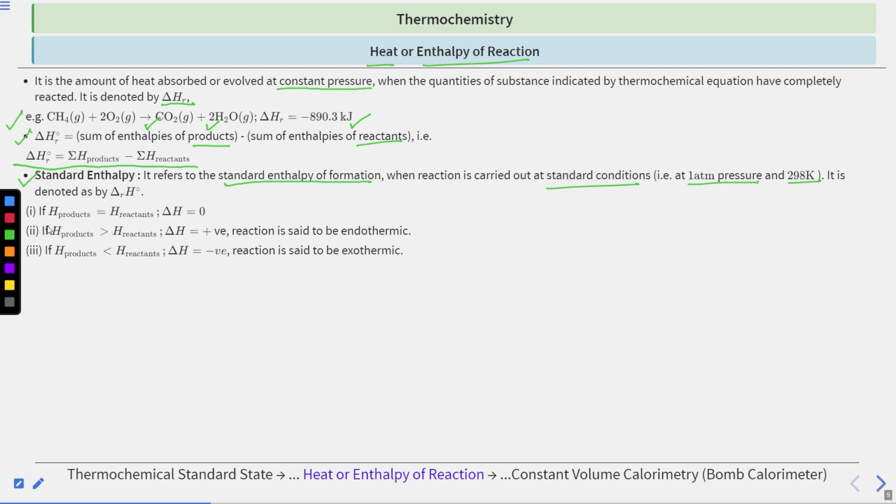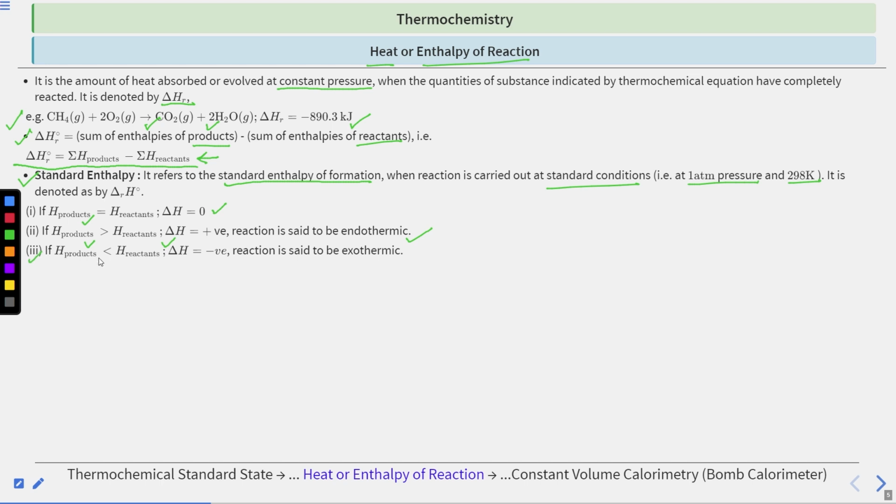Okay, so if the enthalpy of products is equal to the enthalpy of reactants, then the change in enthalpy is 0 because both the enthalpies are equal, so no change will happen. Second condition is that if the enthalpy of products is greater than the enthalpy of reactants, then delta H will become positive and the reaction is said to be endothermic.